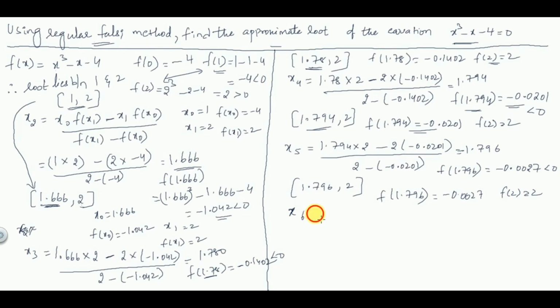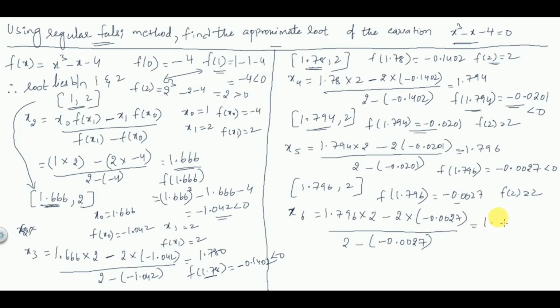So x6 I am finding. x6 is x naught, x naught is 1.796 into f of x1 is 2 minus x1 is 2 into f of x naught is minus 0.0027 divided by 2 minus of minus 0.0027.